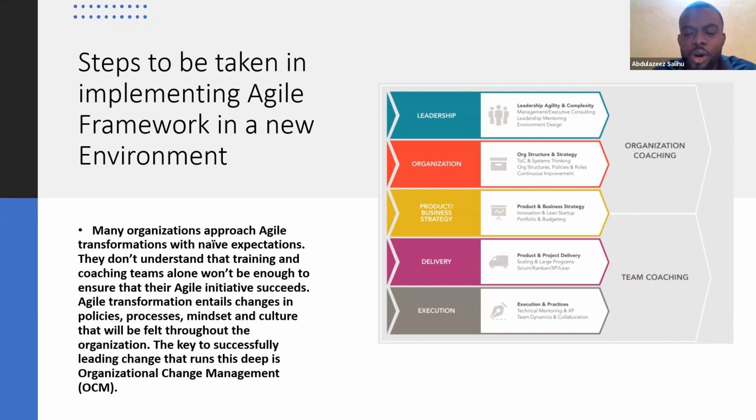So in my own experience, what I've gathered so far, I've come to realize that Agile is top-down and also bottom-up. So you have to ensure that your leaders key into your Agile Manifesto, your Agile philosophy. They have to be the change makers themselves, because implementing Agile in a new environment is a change.